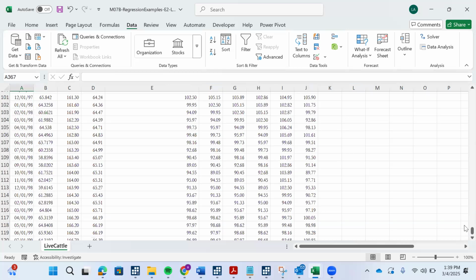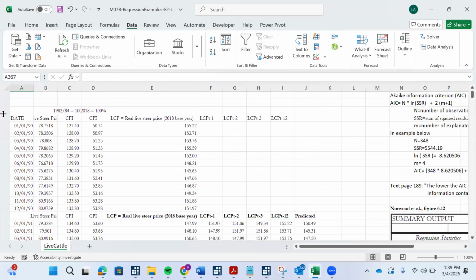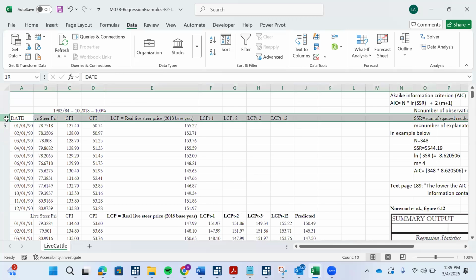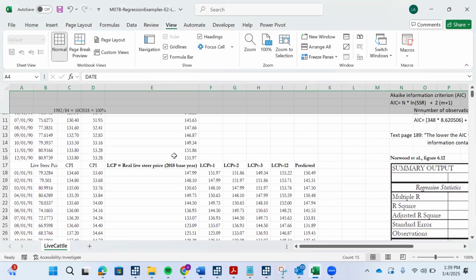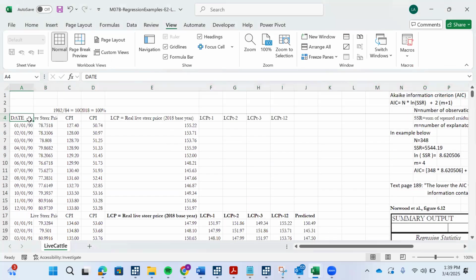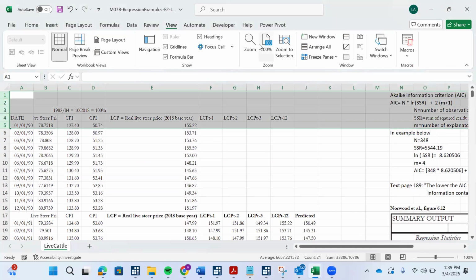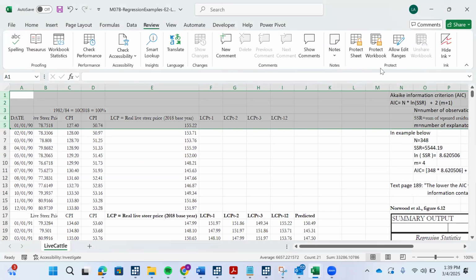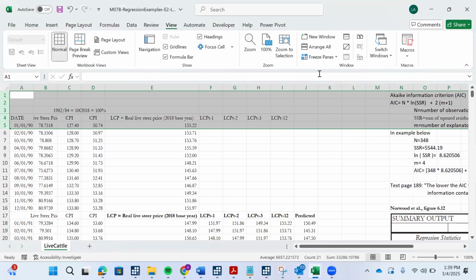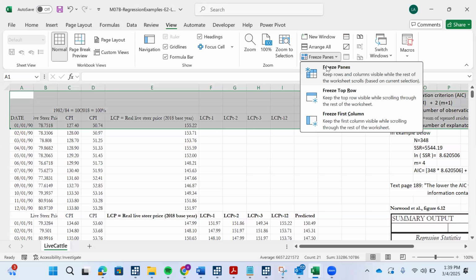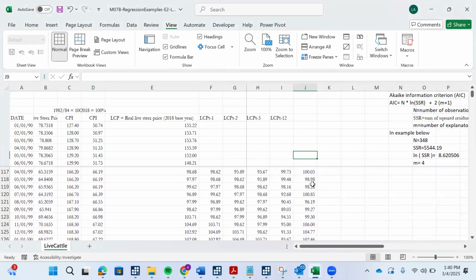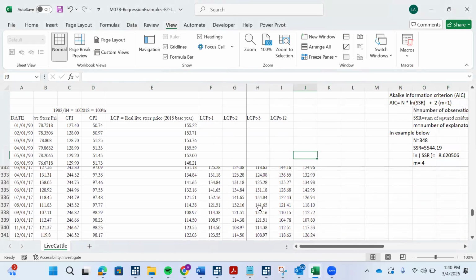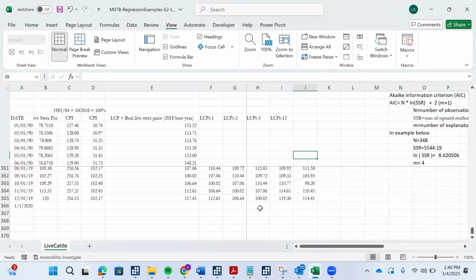So one thing that might be helpful when we're working at the bottom of our sheet here would be to freeze some panes for ourselves, so that we can see.